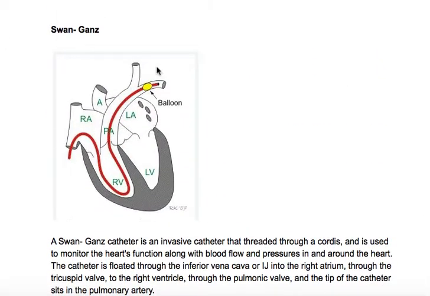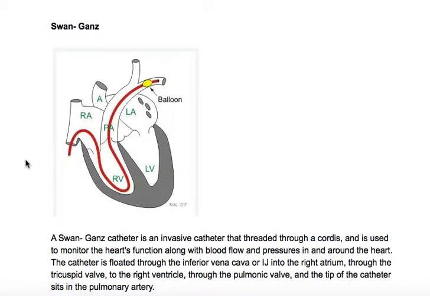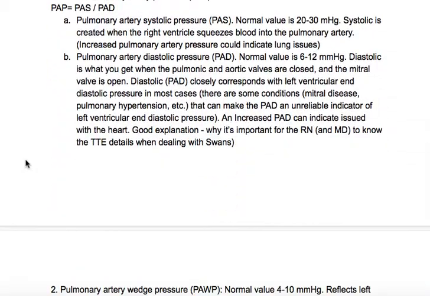If you look at this, when you occlude this balloon, basically we're occluding the pulmonary artery, which is not giving us numbers from the left point of the balloon, if that makes sense. So we're getting our numbers from the tip of the catheter here, which is going to then look at the left side of the heart. So occluding that balloon, we block out the right side of the heart, and we look more specifically at the left side of the heart.